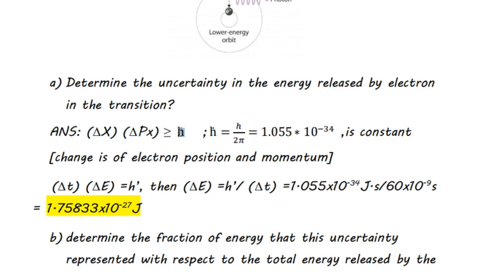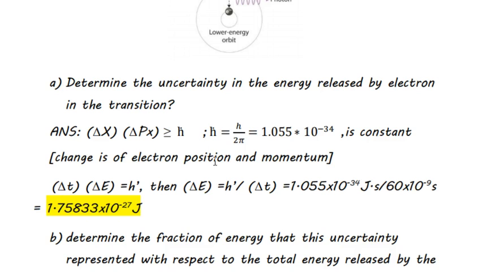Delta E equals h prime divided by delta t, and this is the constant value divided by 60 nanoseconds, which is 10 to minus 9 second, and the result is 1.75 10 to minus 27 joule.